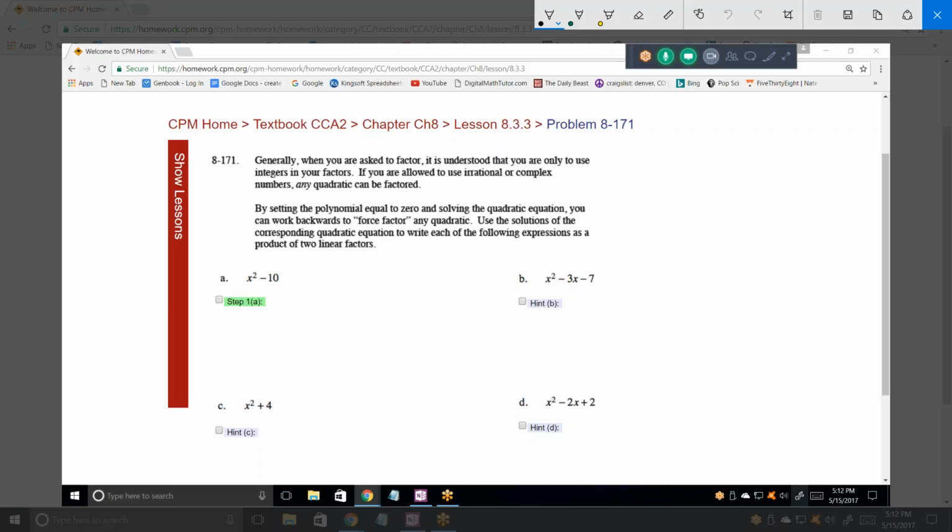I'm teasing. But they do start off by calling it difference of perfect squares because they only want you to apply it to perfect numbers, but it doesn't have to be a perfect square. That's going to factor into x minus root 10 times x plus root 10. In other words, it factors exactly as if it were the difference of perfect squares. That's a linear factor. That's a linear factor. I've turned it into the product of two linear factors.